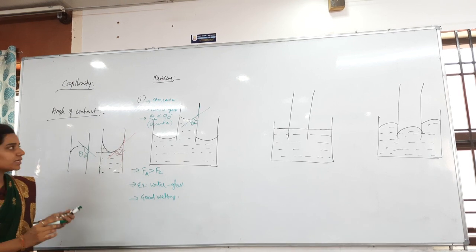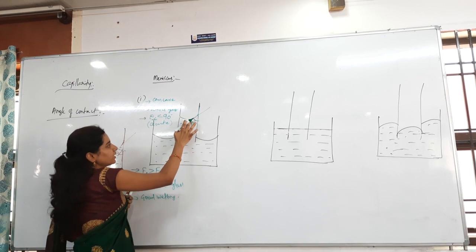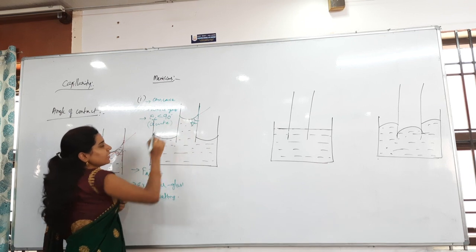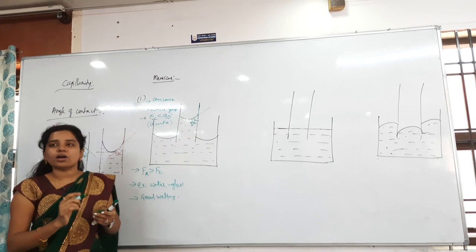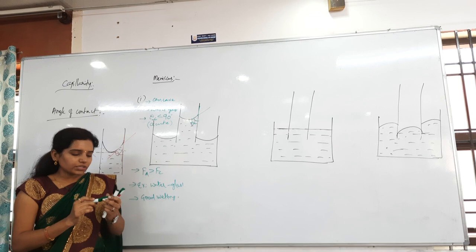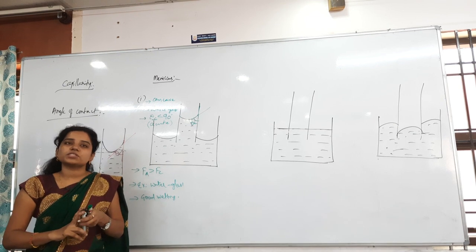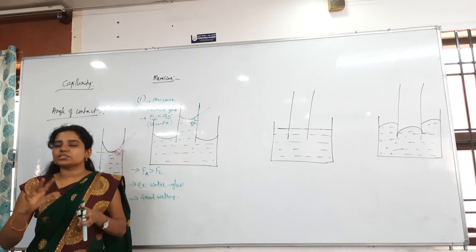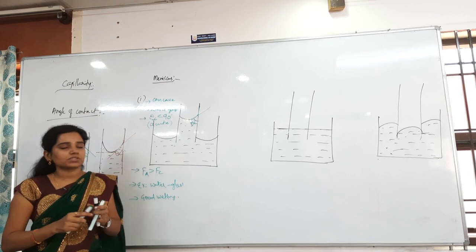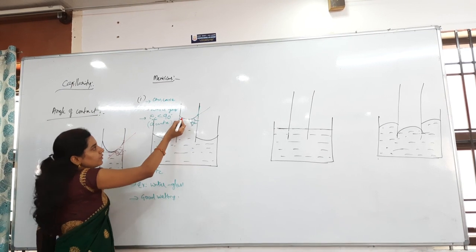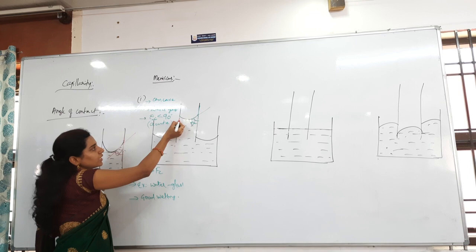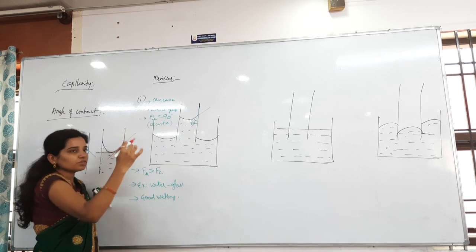Now whenever you see the resultant, observe the resultant correctly. Now what is happening, I said the water is trying to go along with the glass. So water trying to go along with the glass means which forces are more here? Adhesive forces are more than the cohesive forces. So whenever you see this water surface trying to go along with the glass, it means adhesive forces.